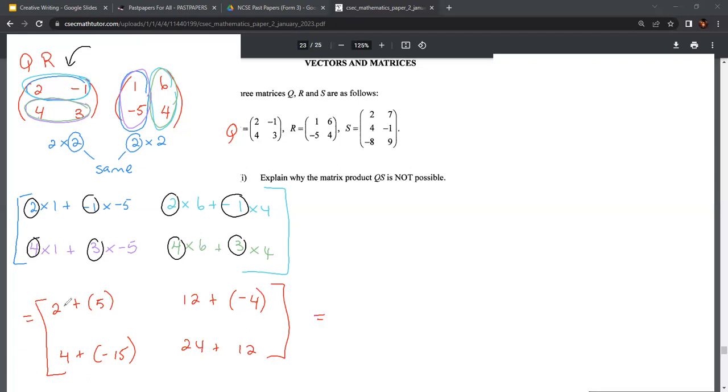Then you reduce it further. 5 plus 2, that's 7. 12 plus -4. Two different signs coming together, so it's reduced to a minus. 12 minus 4, that's 8.